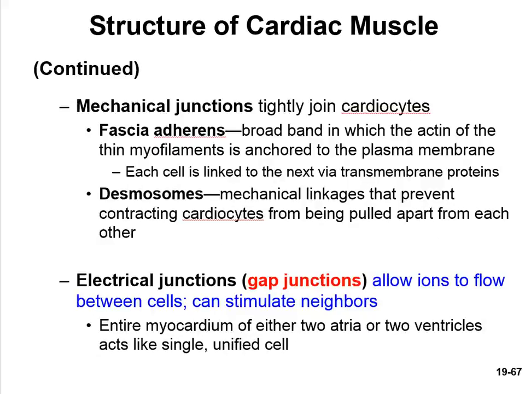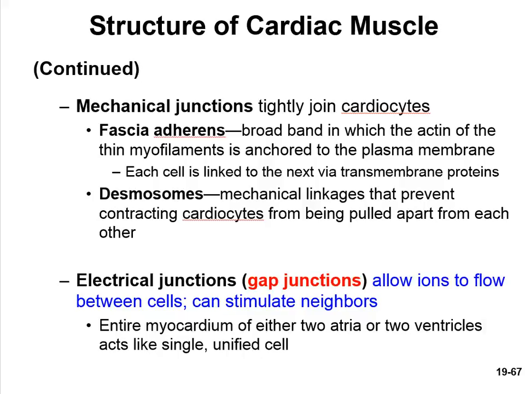The mechanical junctions tightly join the cardiocytes together using a fascia adherens, which is a broad band in which the actin of the thin myofilaments is anchored to the plasma membrane. Each cell is linked to the next via transmembrane proteins that act like connectors. Then they have desmosomes, which are mechanical linkages that prevent contracting cardiocytes from being pulled apart from each other.